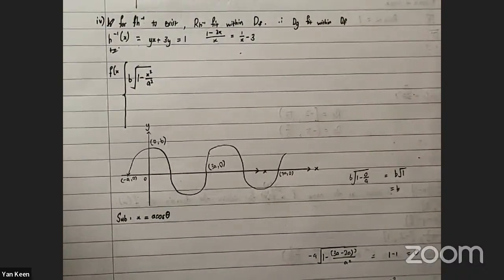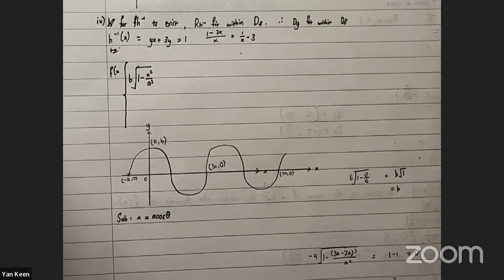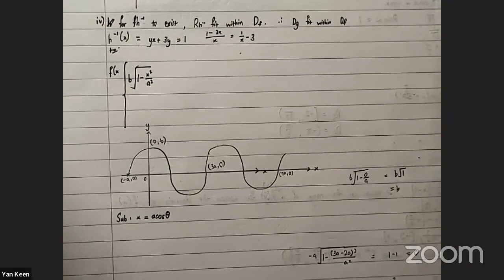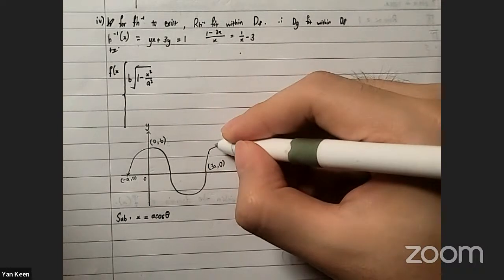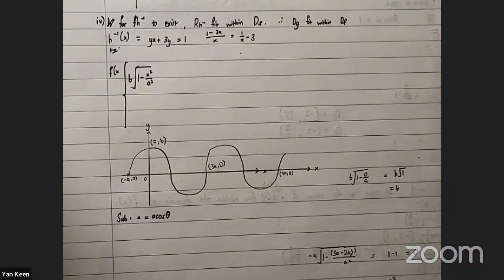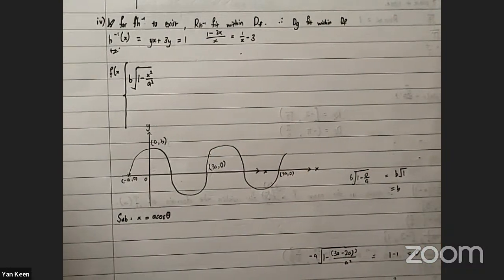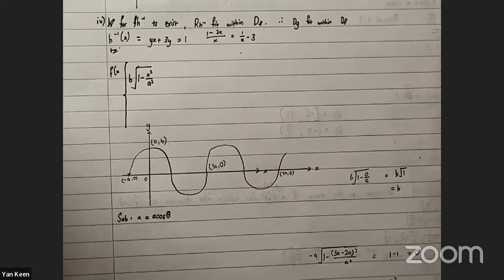Okay, so you have sketched it. The graph looks like that, really. It looks like that on my GC.